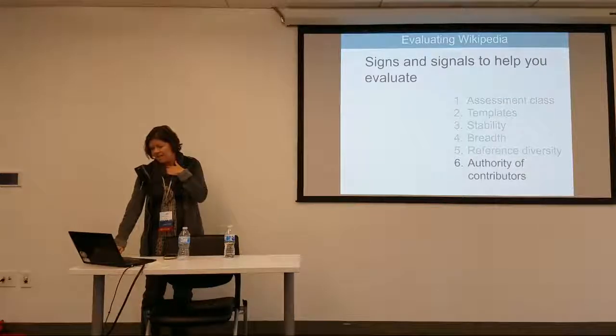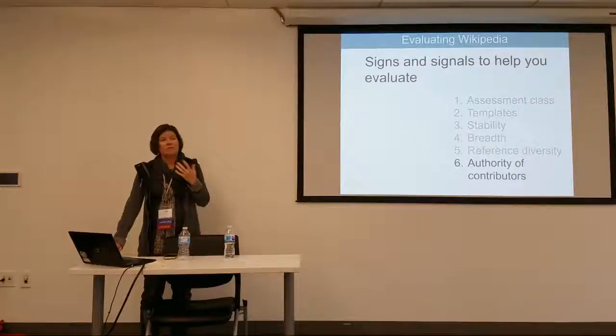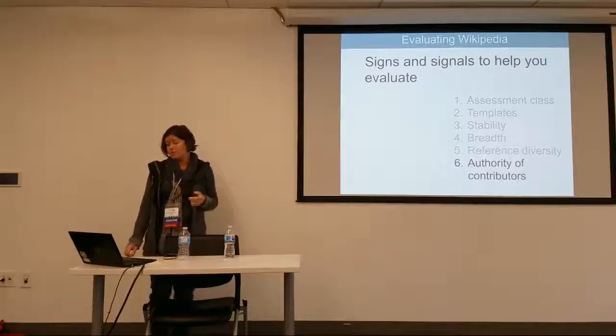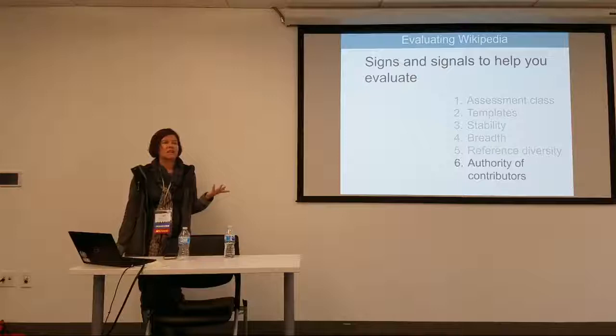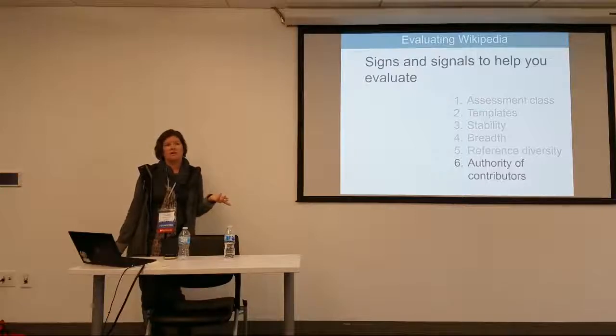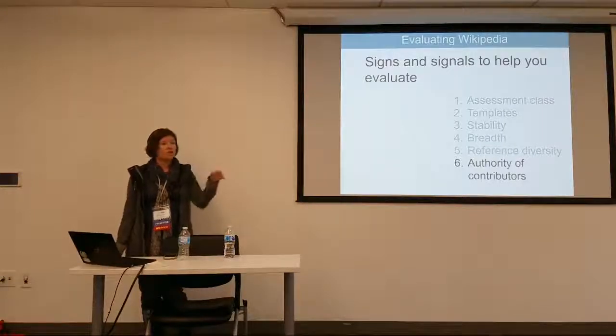And finally, the authority of contributors can help you. You can go into the edit history and see who's been editing the article, and then follow links to see what these editors have been up to generally. Are they people who've been with the project for a long time? Do they contribute on a regular basis? You can do some snooping around.